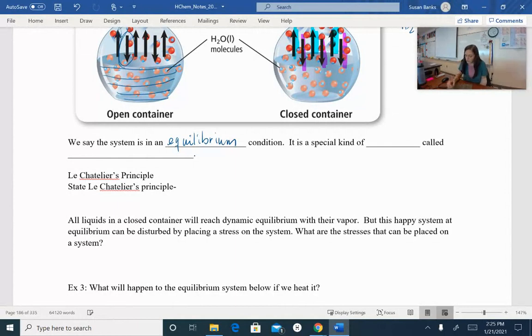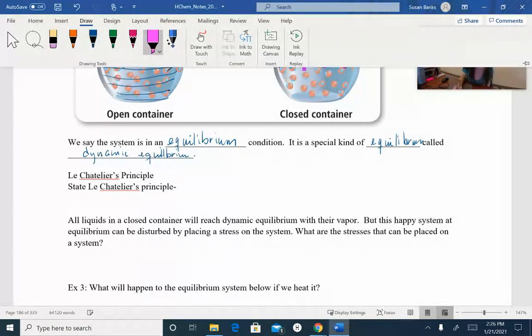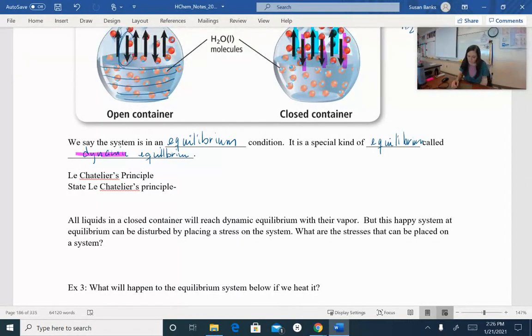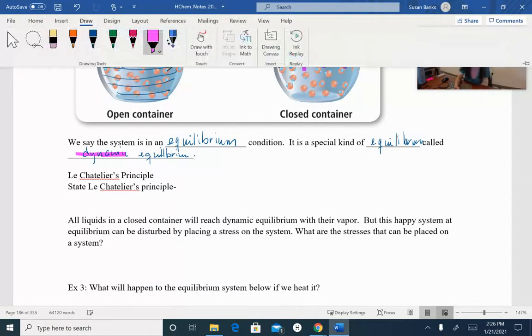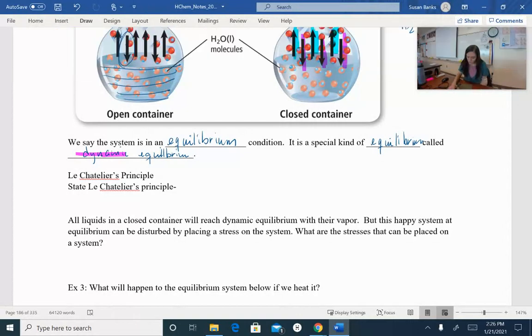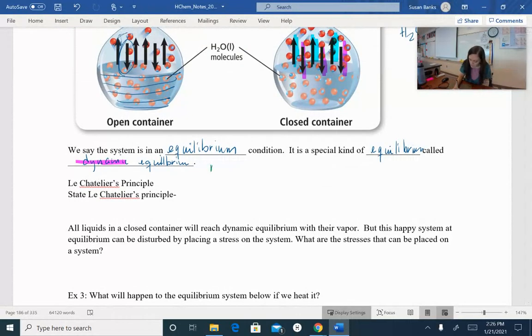It's a special type of equilibrium because it's called dynamic equilibrium. Okay, and the reason why it's called dynamic equilibrium is the molecules are still coming and going, okay?